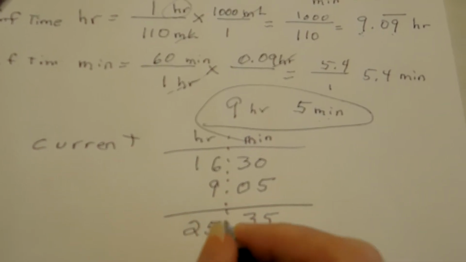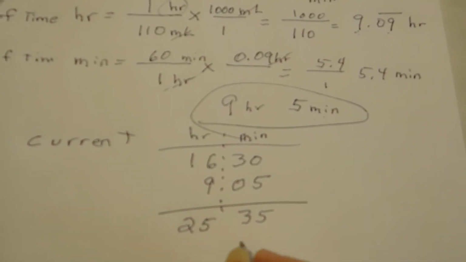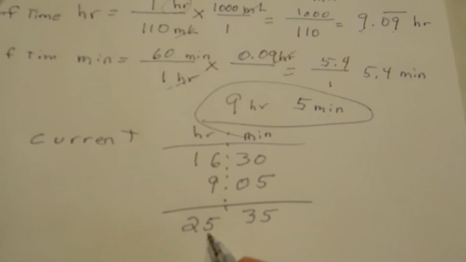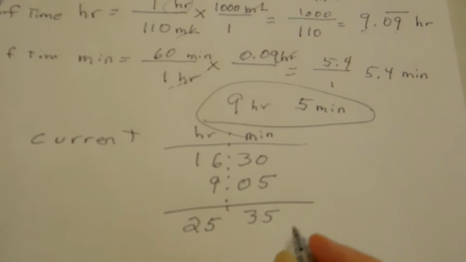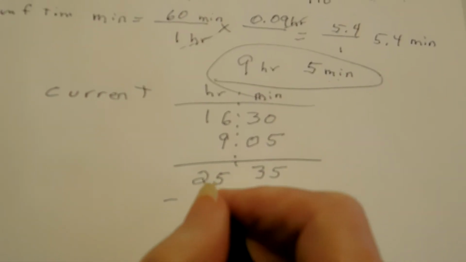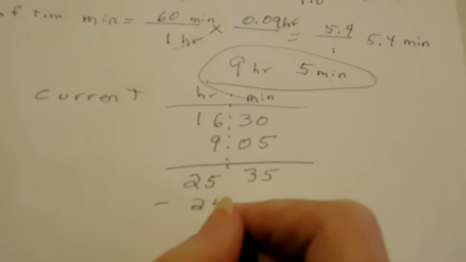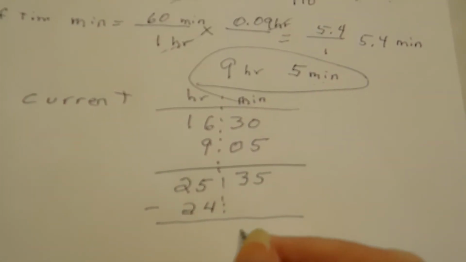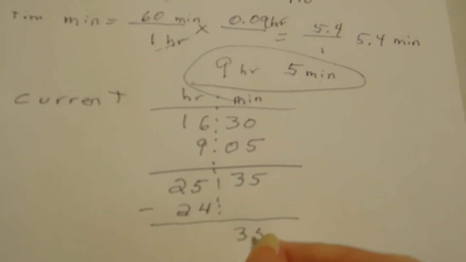So 25, 35, but there is no such thing as 25, 35, because in military time we only go to 24 hours. So in order to convert this into the next day, we subtract 24 here and carry down our 35.